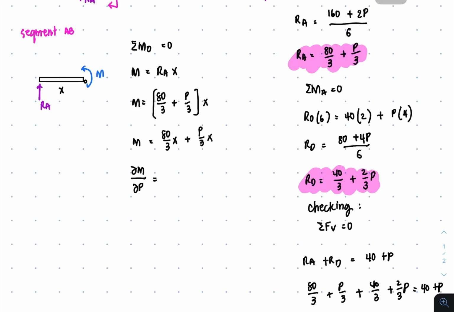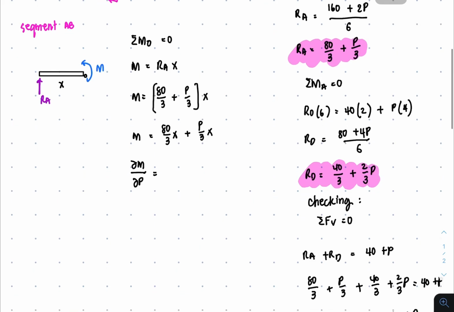Okay, so we're going to set this term here to 0 because that is partial differentiation. It's going to be considered as a constant, and the derivative of a constant is 0.